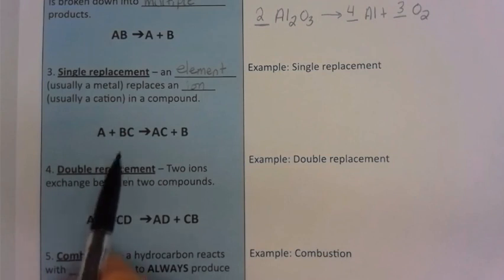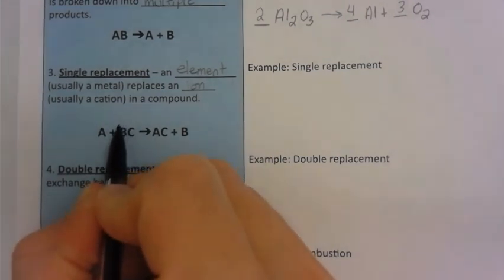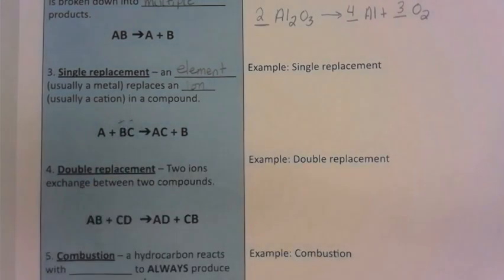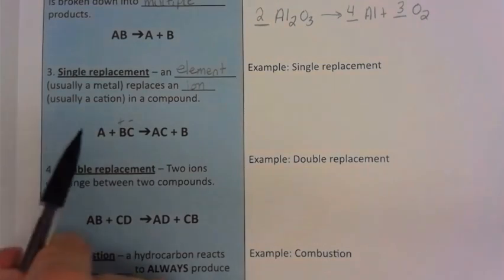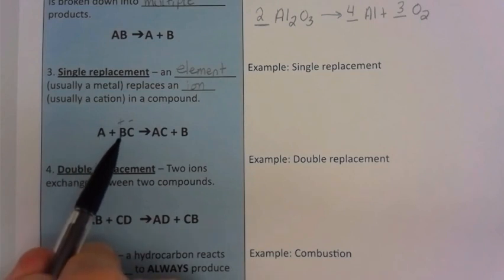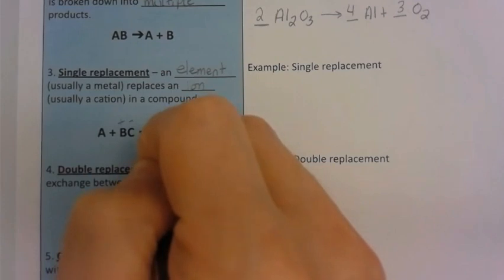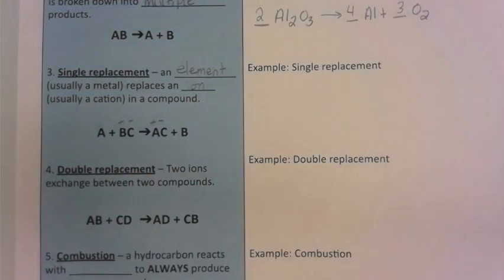And so here we've got A element plus BC compound. We have to remember that for these compounds, we always write them as positive, negative. So if A is a metal and metal ions are always positive, then this A is going to replace B and be the positive component in the product compound and produce B by itself.